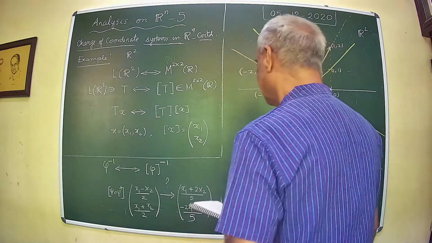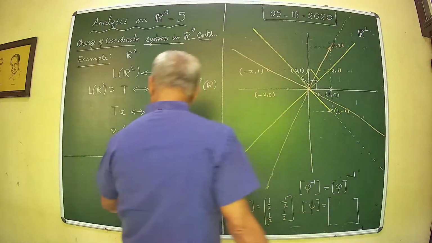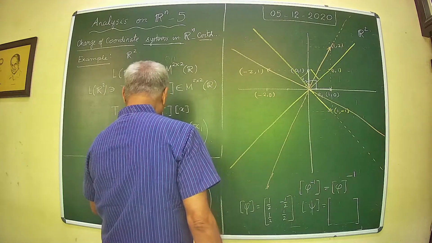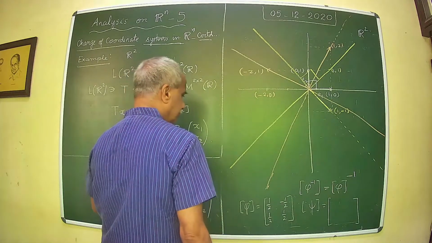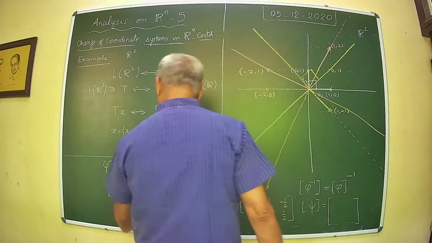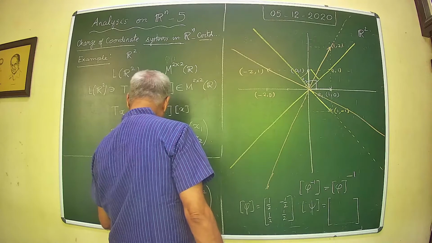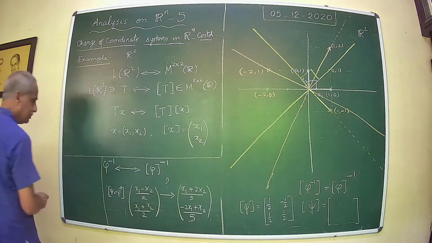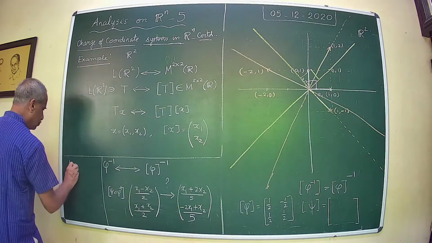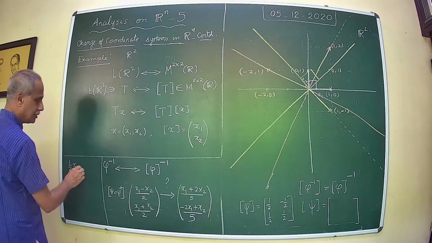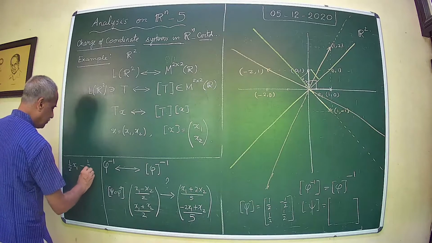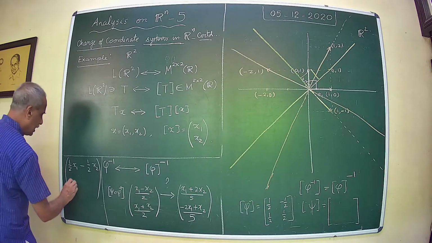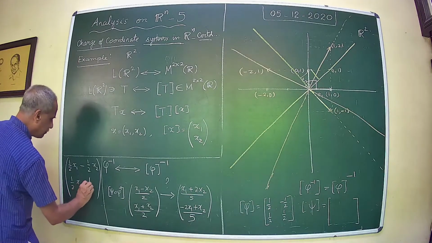So x1, x2 goes over to half of x1 minus half of x2, and similarly, half of x1 plus half of x2.